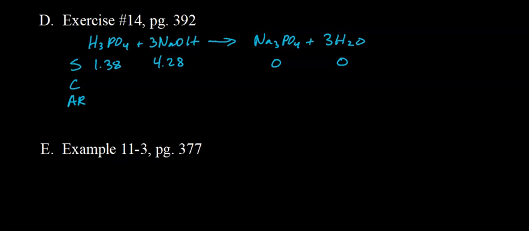So again, we have a limiting reactant situation. I believe the H3PO4 is the limiting reactant. If you have 1.38 moles of phosphoric acid, you will need 3 times that amount of base to react with it, which would be 4.14. And so let's use those quantities. We have a 1-to-1 ratio of phosphoric acid to sodium phosphate.